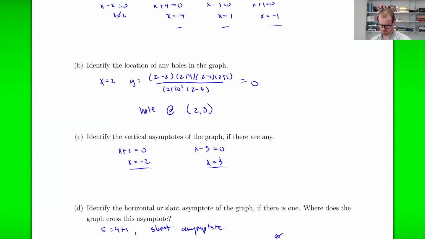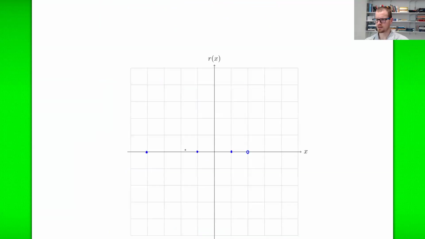Negative 2 and 3. Get those drawn. Excellent.